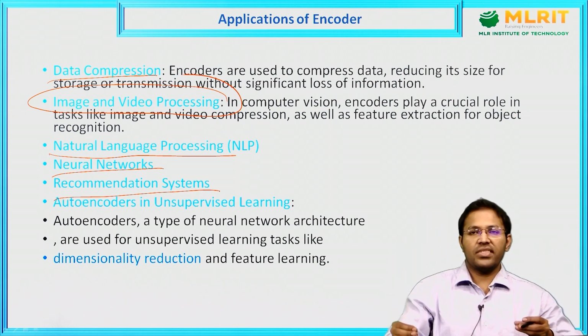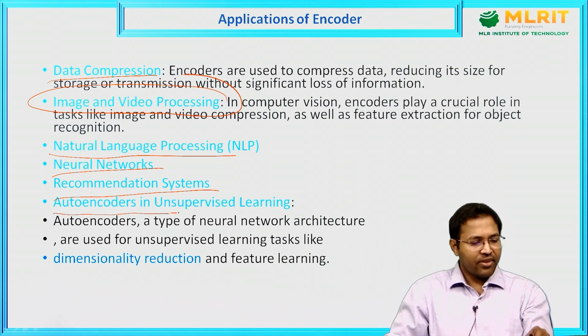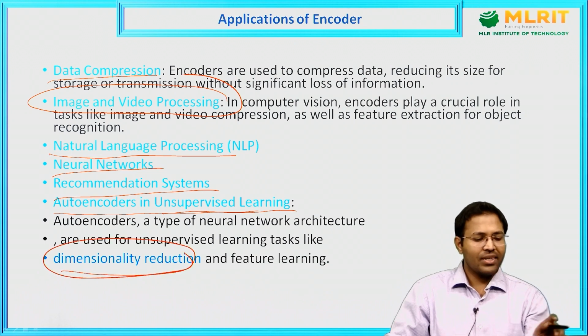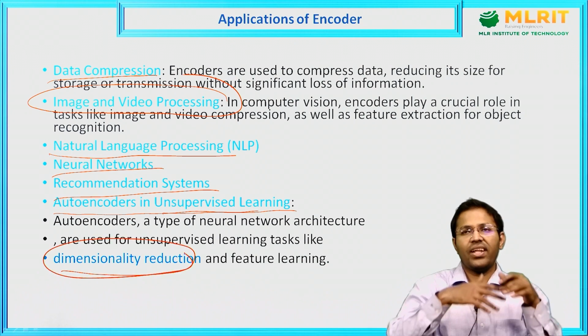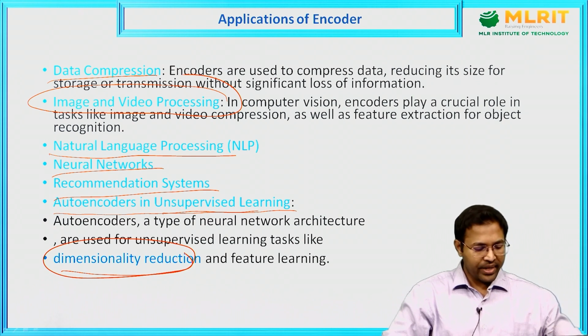Suppose you have purchased a product, and based on that something else is recommended. It is also useful in autoencoders in unsupervised learning, primarily for dimensionality reduction. So wherever compression is required, there you have applications of the encoder.